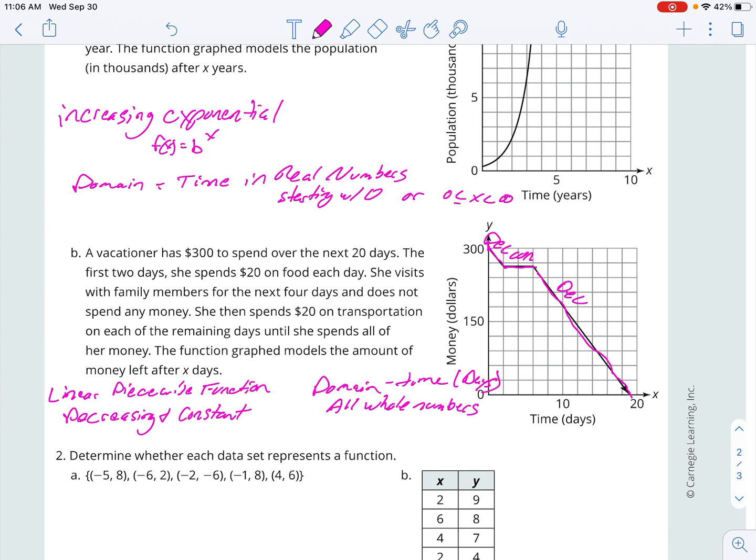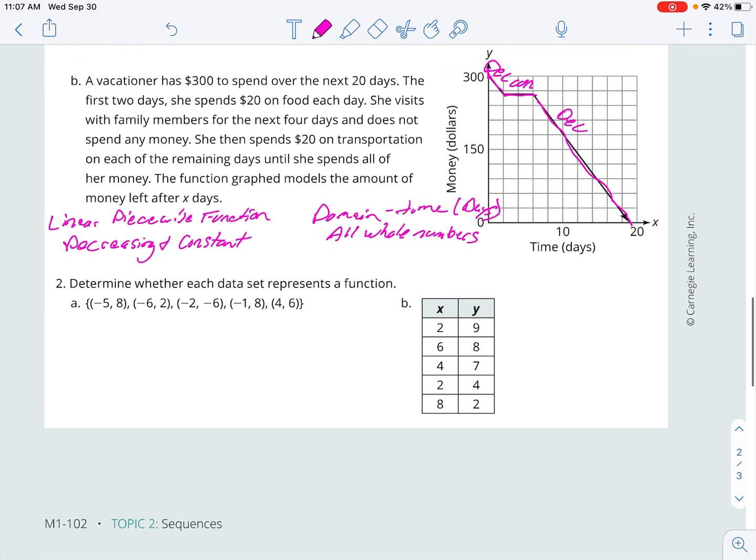All whole numbers. So with that in mind, days are not including a fraction of a day. So every day you just spend $1 or spend $20 in this case. So we're talking about just whole numbers. We don't want decimals and fractions. That's why I'm not using the real numbers in this case.